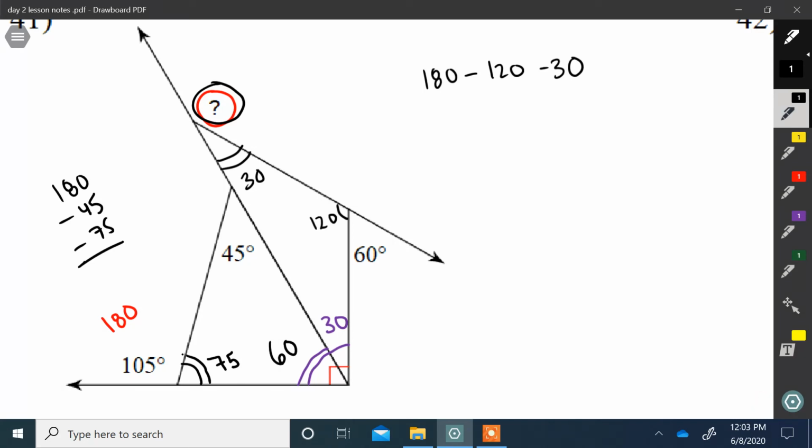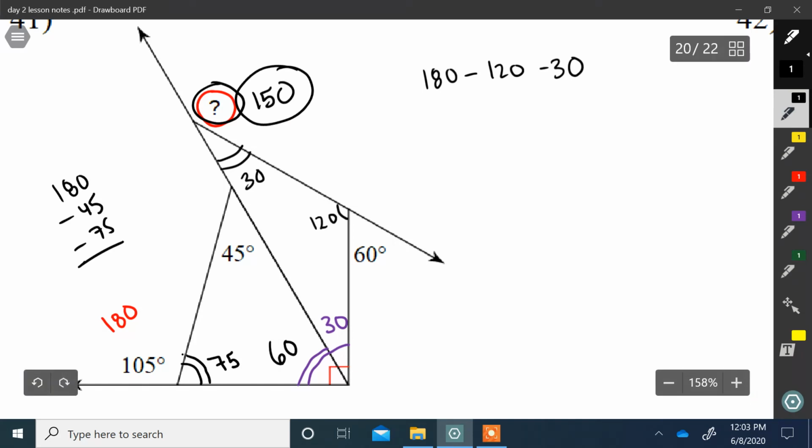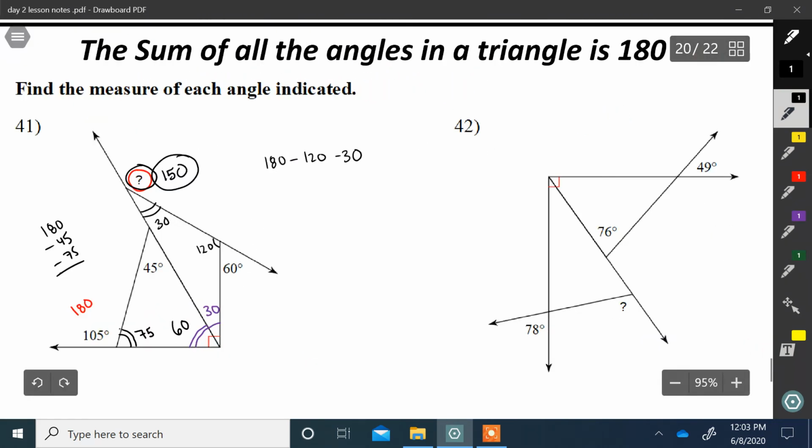So if that's 30, that means 180, this is 150.